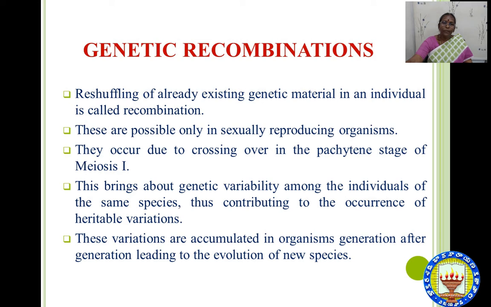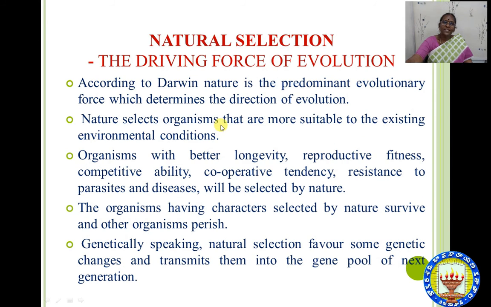And such recombinations will bring genetic variability among the individuals of the same species, thus contributing to the occurrence of heritable variations. Next, going to the fourth basic factor, which is the driving force of evolution, that is natural selection.